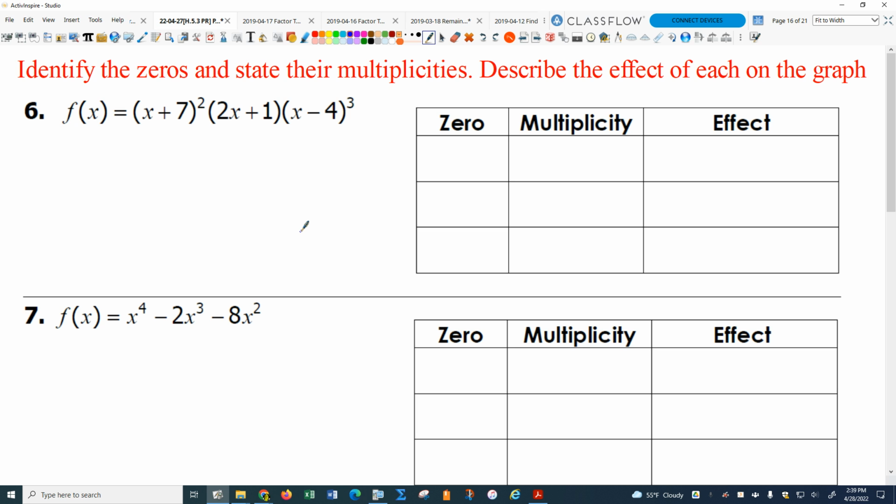Okay, so number 6, give me a 0 of the function there. What do you think, Melanie? What's a 0 of this function? Give me one of them. 4, okay. What's another 0 of this one?